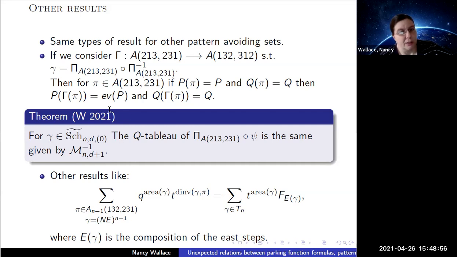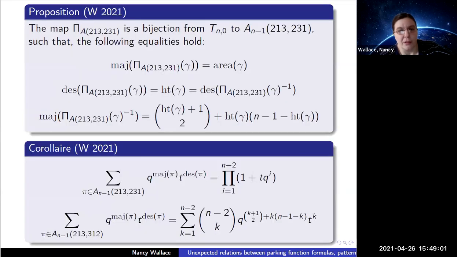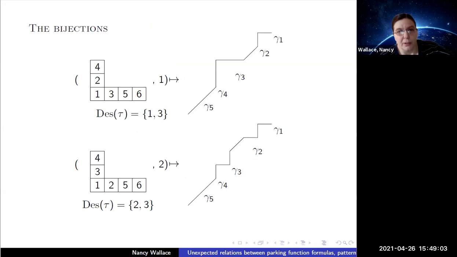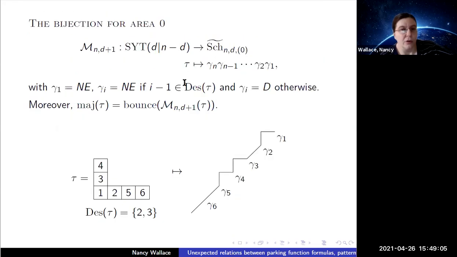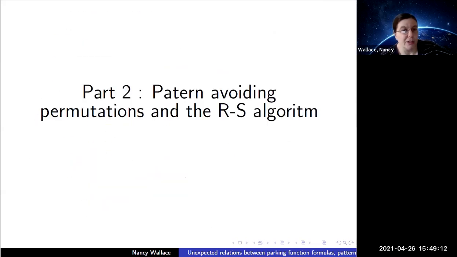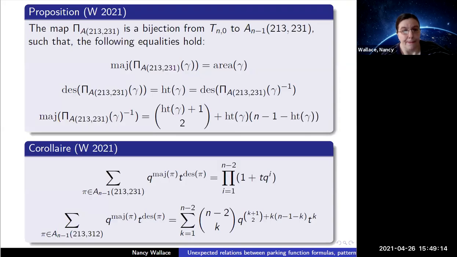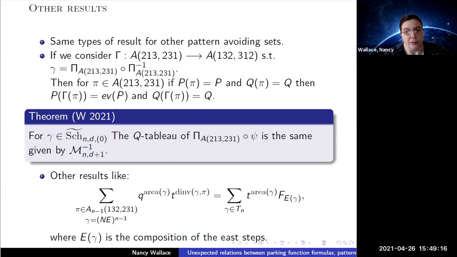So actually the map here, if you take it the other way around, from path to tableau, is the same map as taking the Q tableau of the 2-1-3, 2-3-1 avoiding permutation associated to the path.